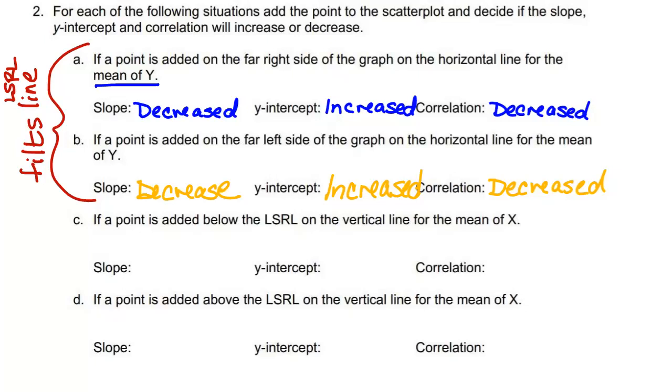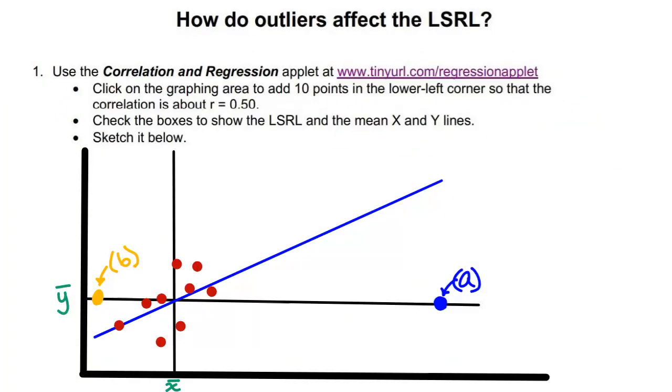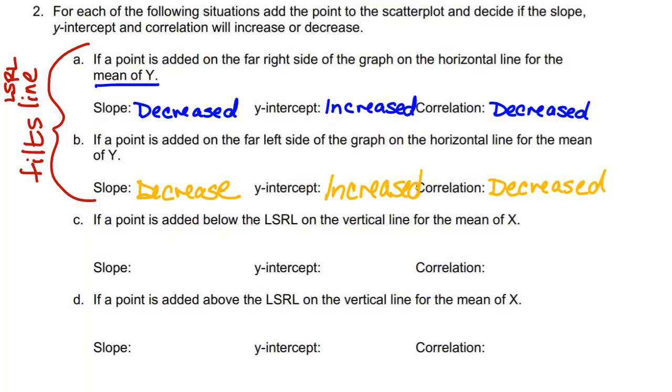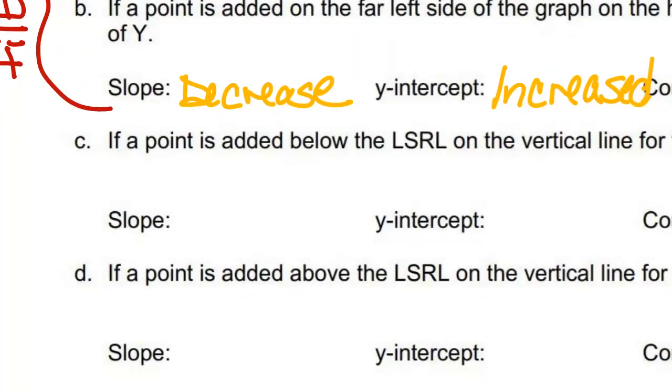Take that away here. So when I add a point down here, slope stayed the same.